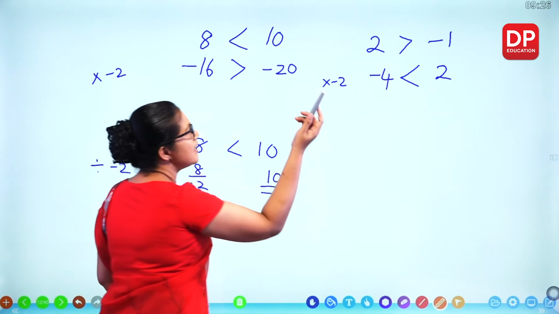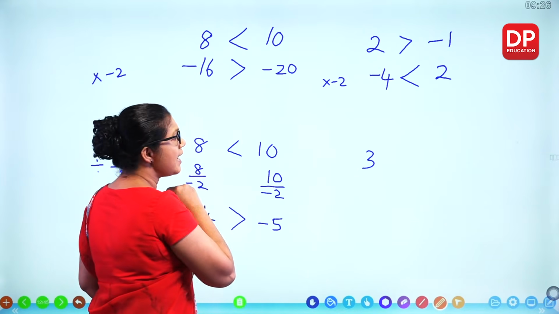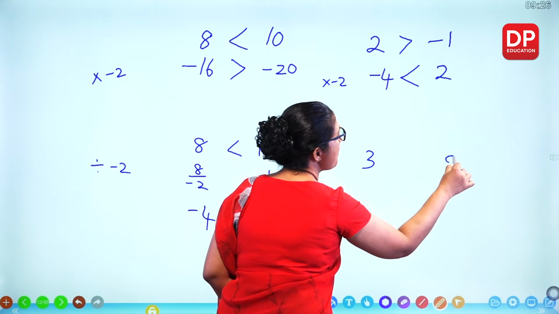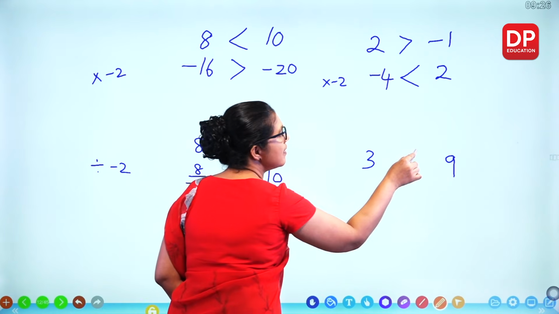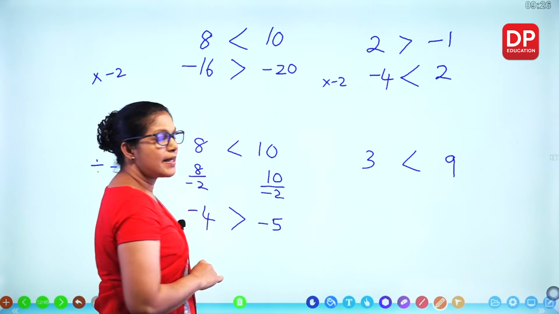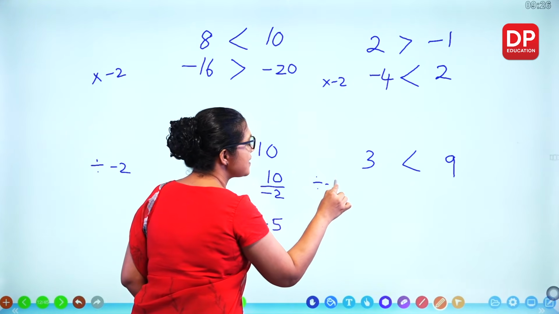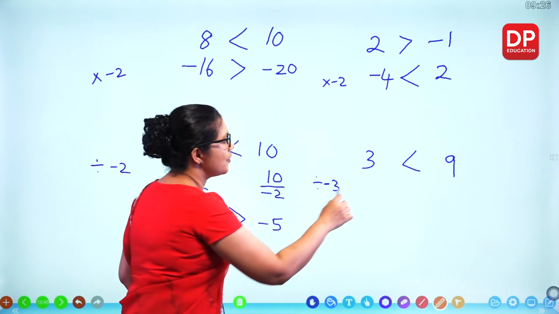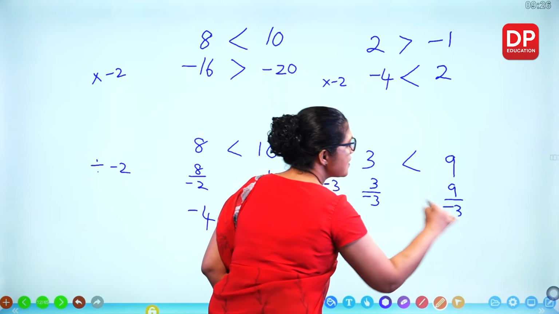We'll take another one. We'll take 3 and 9. Which one is bigger? I can see this one is bigger. 9 is bigger than 3. I want to divide this by minus 3. So 3 divided by minus 3 and 9 divided by minus 3.